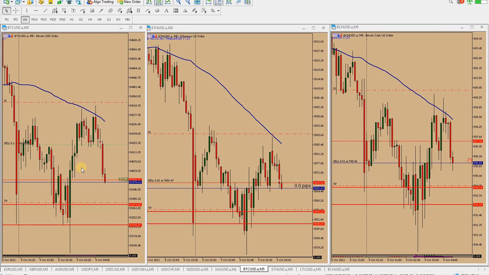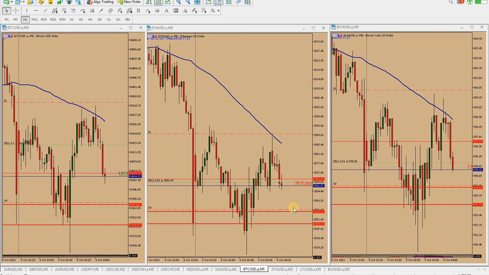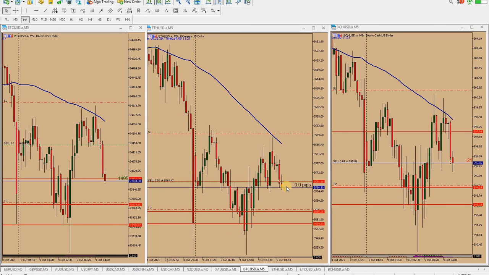As I explained to you before, now in Bitcoin we are in profit, it is green, but in Ethereum and Bitcoin Cash we are not. But can you see, this is our entry, and the candlestick is under it because of the commission. The bidding price and asking price are too far apart, so the platform takes so much commission.